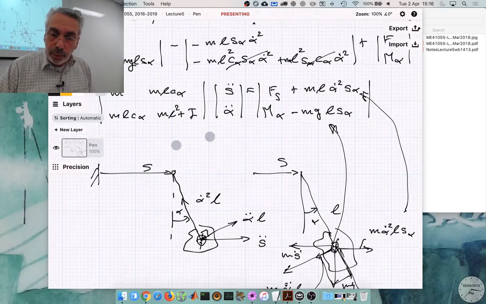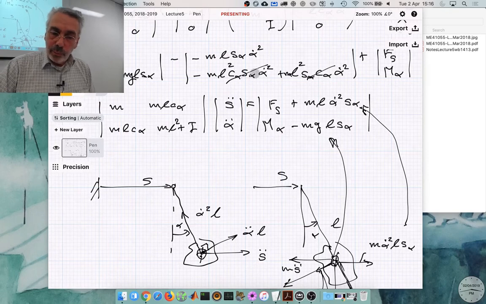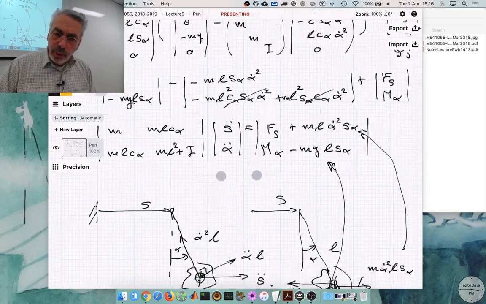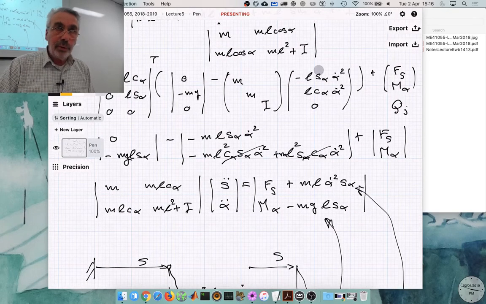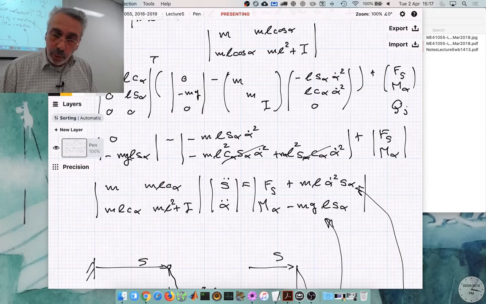Now I want to explain why this disappears. Where does this come from? Well, here we had this convective acceleration, right? And the convective acceleration we can immediately draw in the figure, because this is an acceleration L times alpha dot squared in the x and y direction. So in the minus x and in the plus y direction. So what is that?